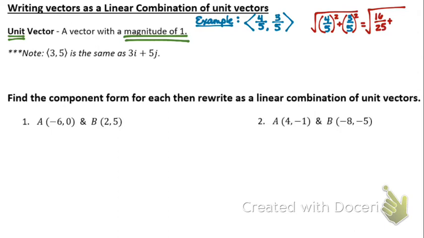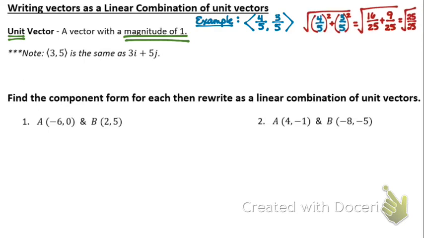What's 3/5 squared? 9 over 25. What do I get when I add those two fractions together? I get 25 over 25, which reduces down to 1. And the square root of 1 is 1. So that's how I know for certain that this is a unit vector. Unit vectors are any vectors that have a magnitude of 1.